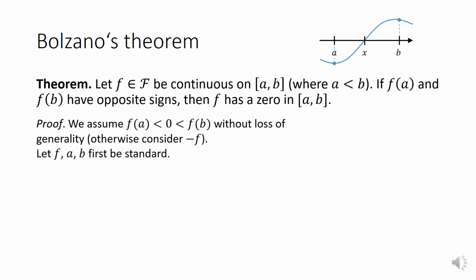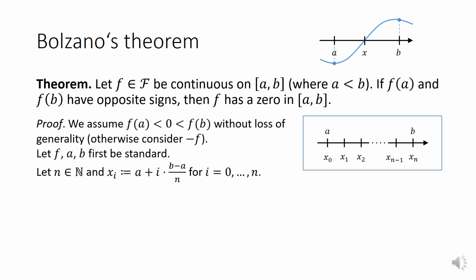Let f, a, b first be standard. Let n be a natural number and xi the points a plus i times b minus a over n, for i from 0 to n. The xi define a finite equidistant partition of the interval from a to b.